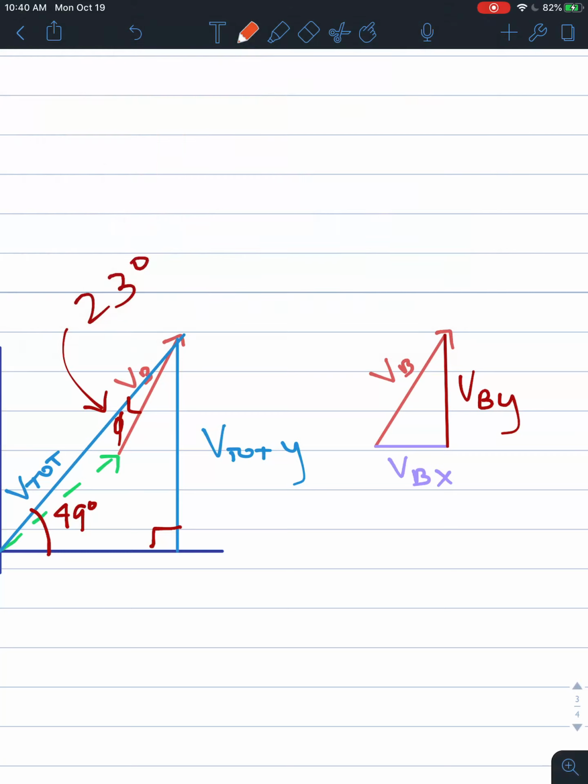So that's what I'm trying to find, meaning the angle I need is this angle here. So I'll call that my angle theta.